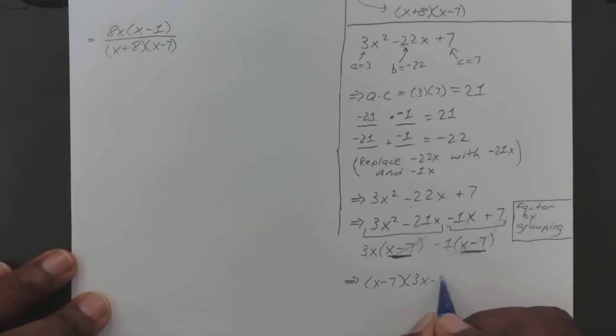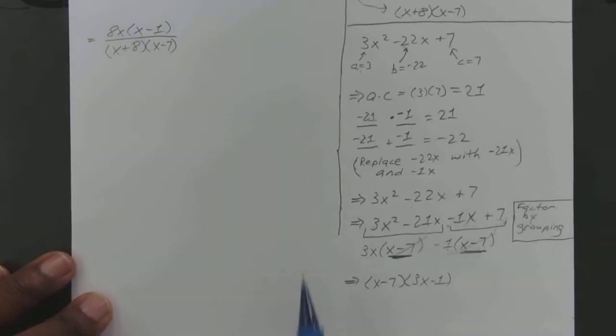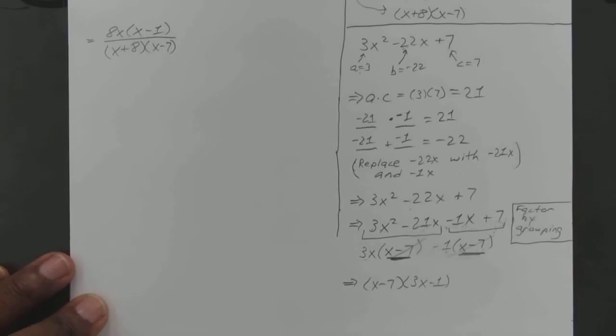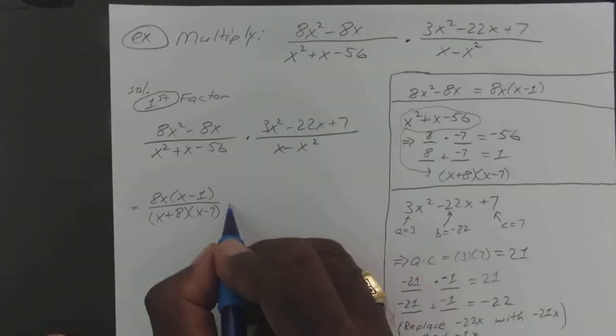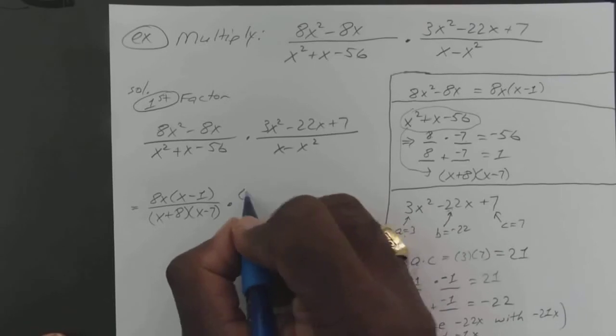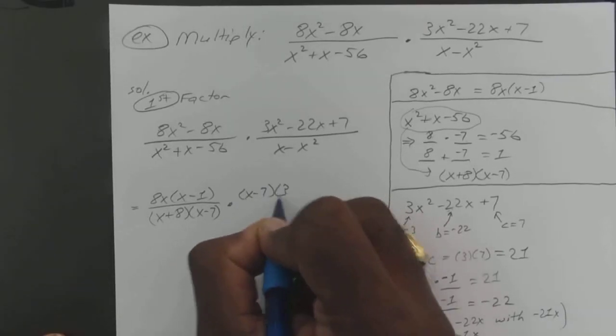So you have x minus 7. And once you factor it out, just go ahead and cross it out. The only thing left is 3x minus 1. Okay, so we can replace our 3x squared minus 22x plus 7 with x minus 7, 3x minus 1.